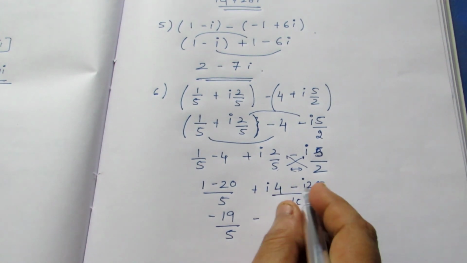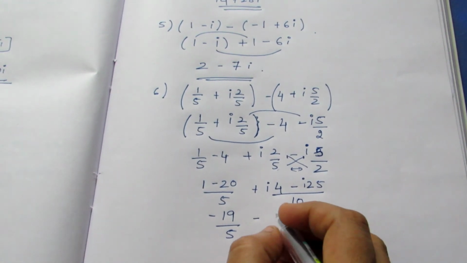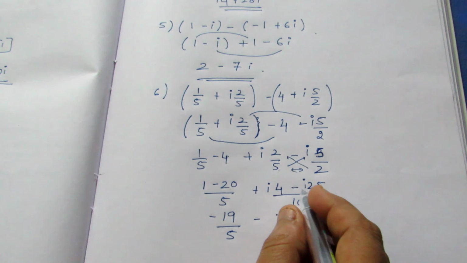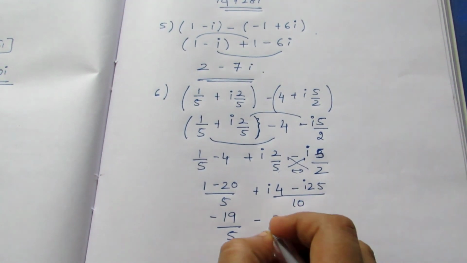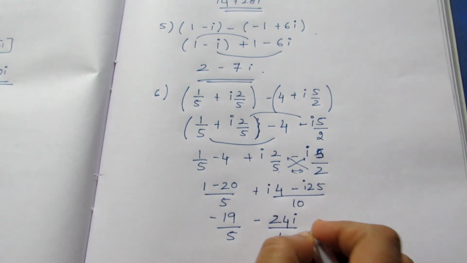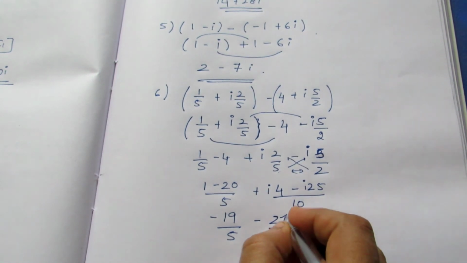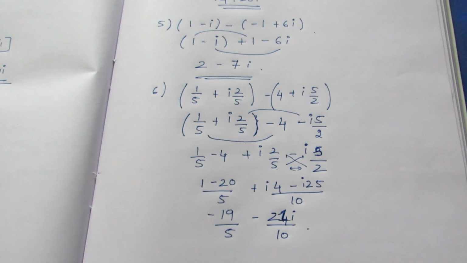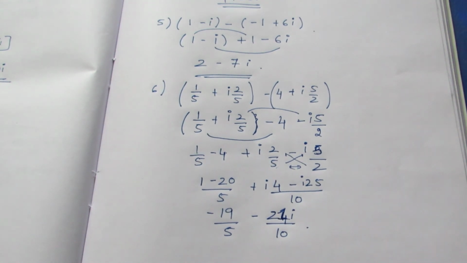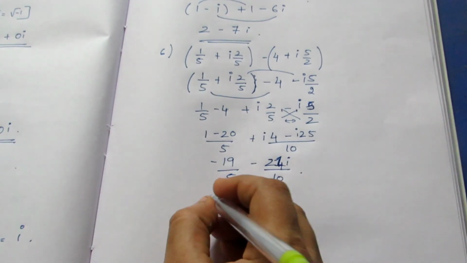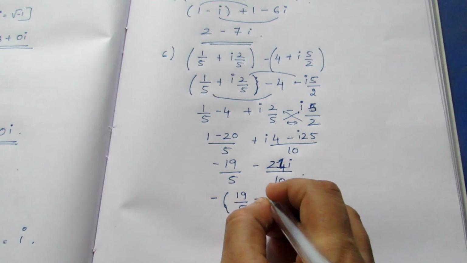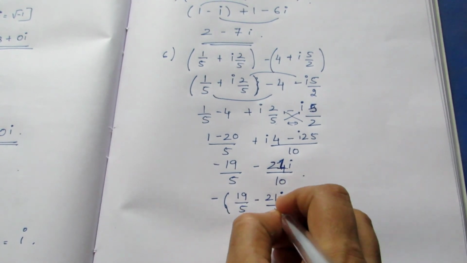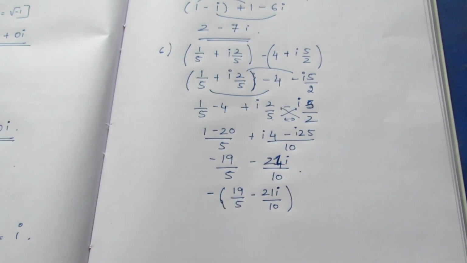Here we can subtract because it is plus and minus. If we subtract, it becomes 21i by 10. As we want it in A plus iB form, we can write it like this, or we can take the minus sign outside. We can write 19 by 5 minus 21i by 10. No need to take LCM, we can leave it as it is.